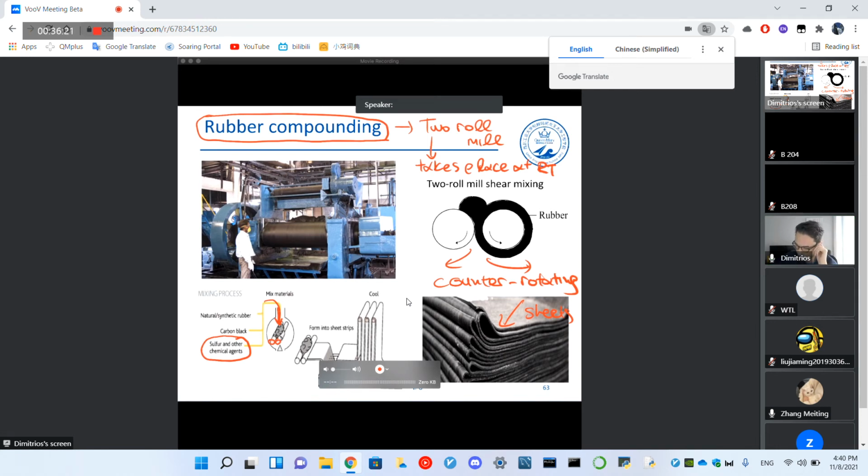Theo says to cure the rubber. That is close, yeah. Anyone else? Any ideas? Why do we usually use sulfur and other chemical agents? Because we want to create crosslinks.